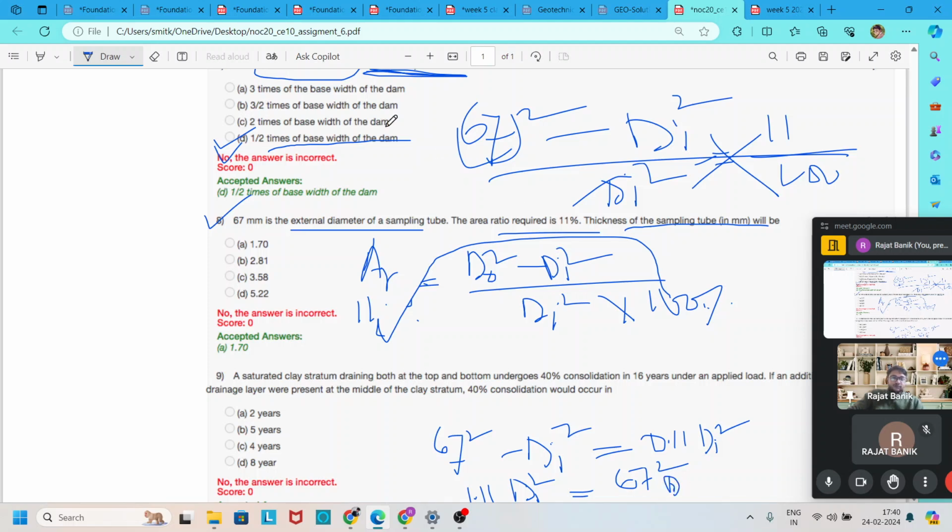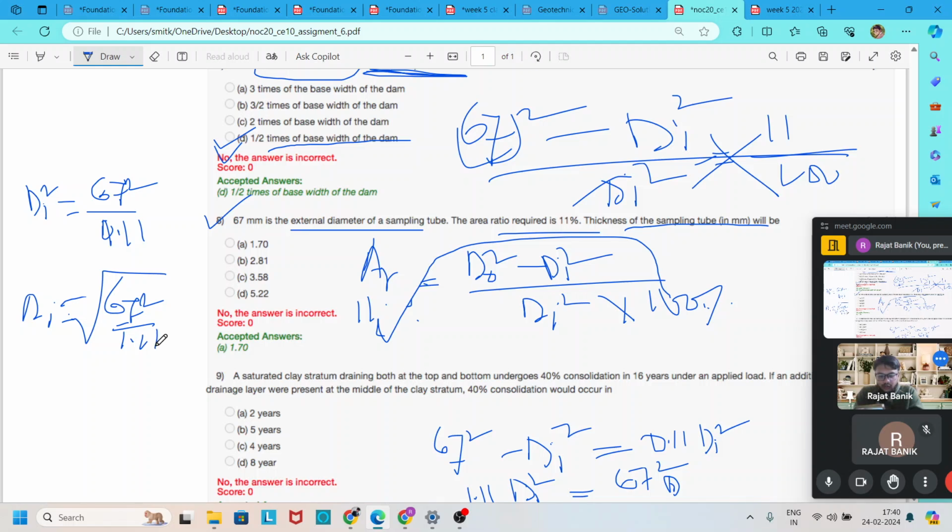Di square is equal to 67 square divided by 1.11, and Di is equal to the root of 67 square by 1.11. It will become 63.6 mm.